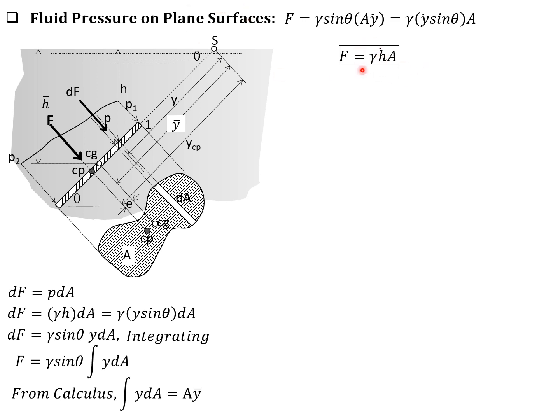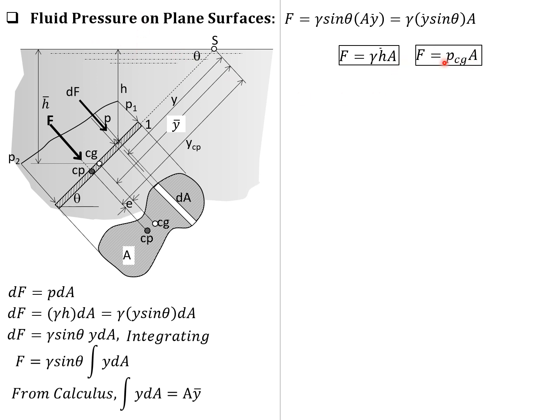Then we interpret that gamma times h̄ is the pressure at the centroid of area, so that F is also pressure at the centroid of area times the area. So these are the two expressions for the total pressure, or the hydrostatic force F. One is for a simpler situation, just like in this figure here, where the liquid surface is exposed to the atmosphere.